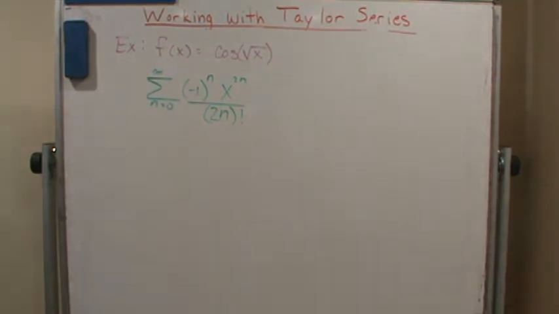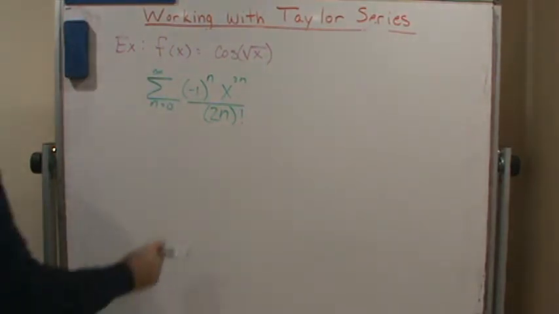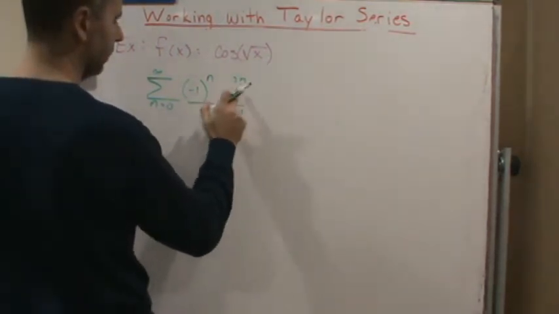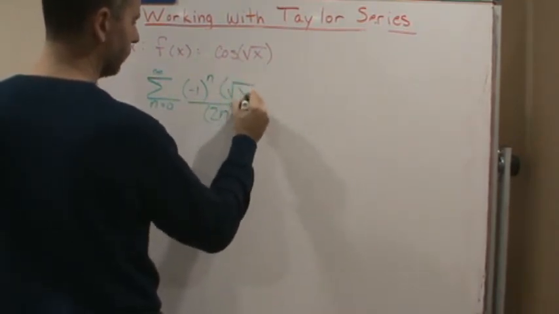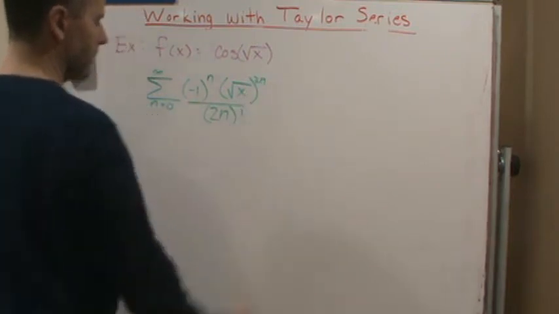So the only thing we're going to do is replace x with the square root of x to the 2n.